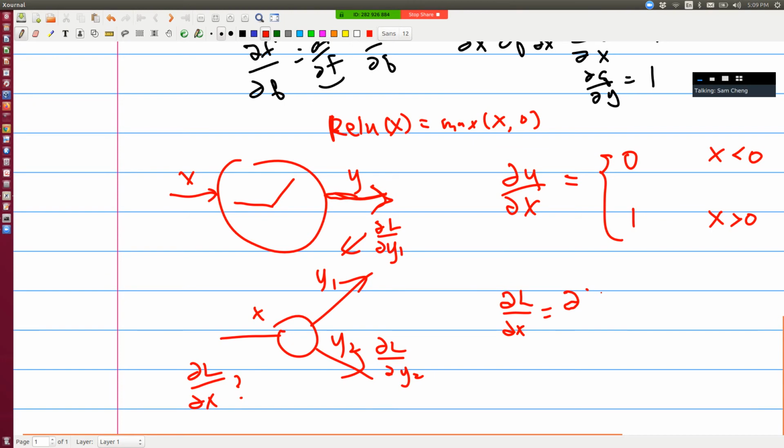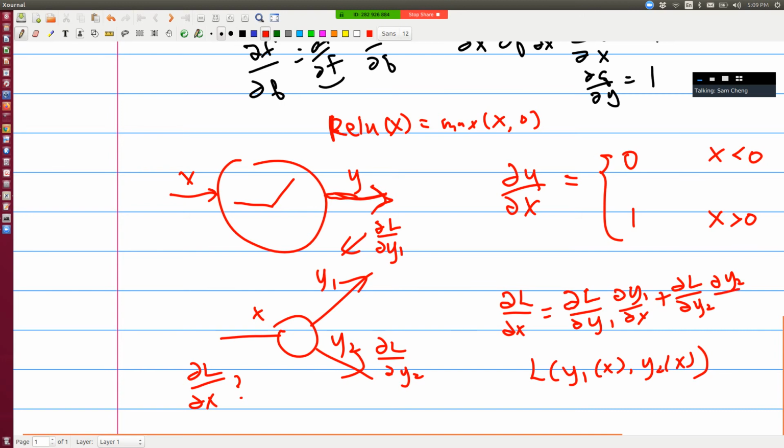Actually, that's exactly still the chain rule in calculus, right? Now you basically have L as a function of y1(x) and y2(x). You take the gradient of that: partial L partial y1 times partial y1 partial x, plus partial L partial y2 times partial y2 partial x.